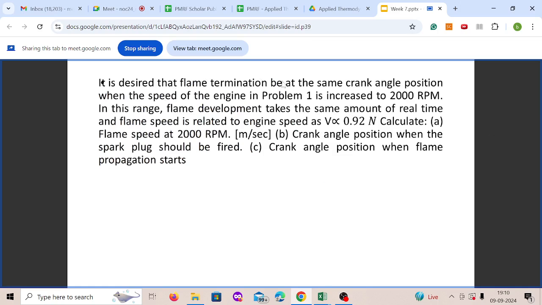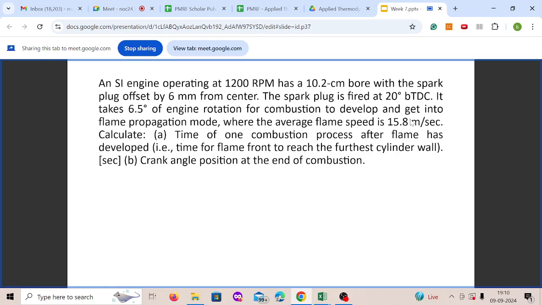The statement says that flame termination should be at the same crank angle position. The speed of the engine in problem 1 is increased to 2000 rpm. So flame development takes the same amount of real time, and flame speed is related to engine speed. So flame development takes the same amount of time, and flame termination also happens at the same crank angle.